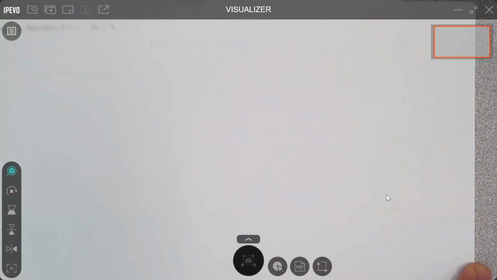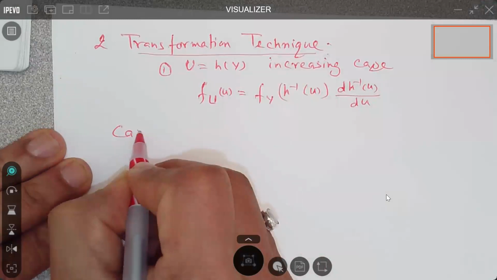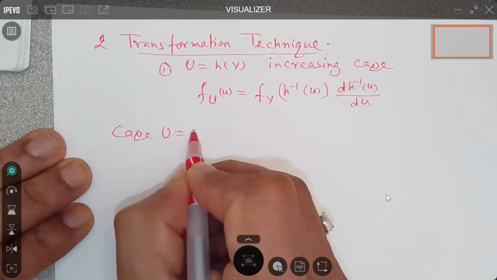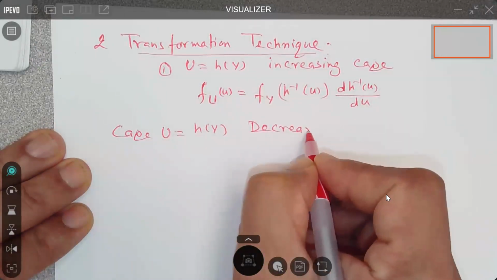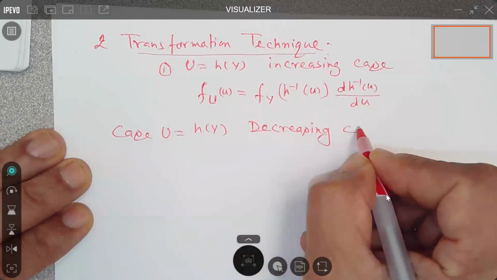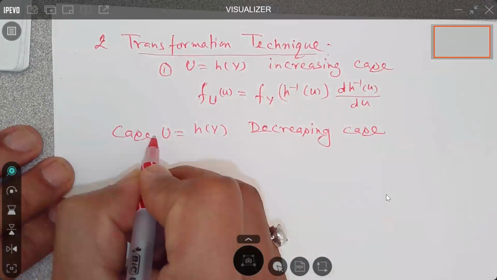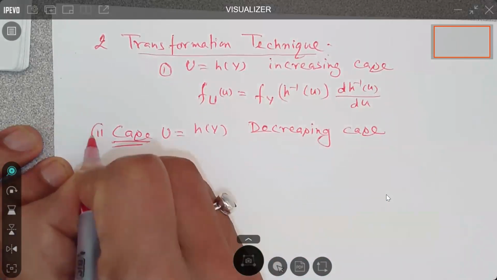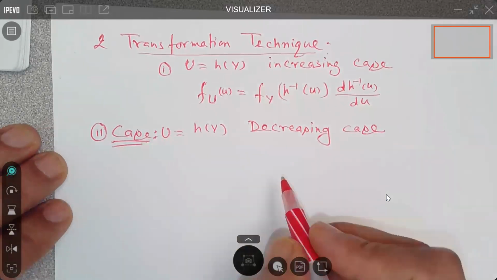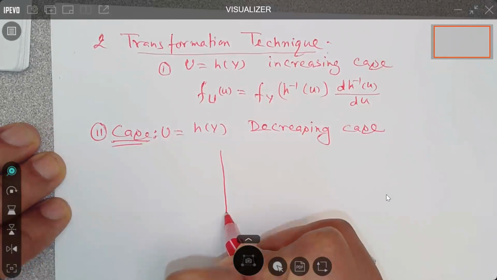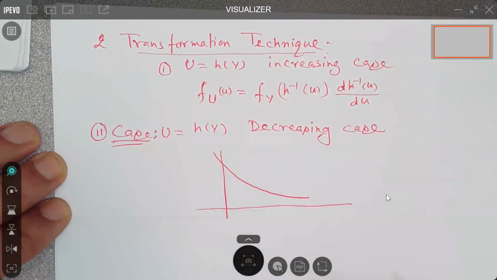Now let's do the case U equals h of Y, decreasing case. Yes, okay. Now when it is a decreasing case, it means that we have the graph like a decreasing function, right?